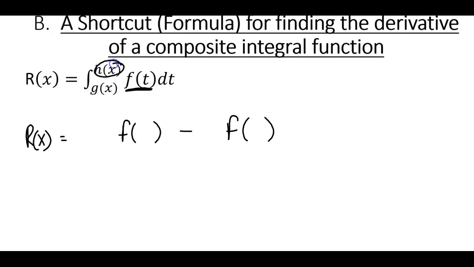Second, we plugged these in to that function, right? So now there's an h of x here, the one on the top comes first, and there's a g of x here. Third, these each got multiplied by the derivatives of the inside. And that's a shortcut for finding your derivative of r. Okay? So there is the shortcut.